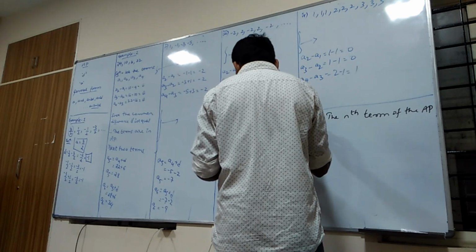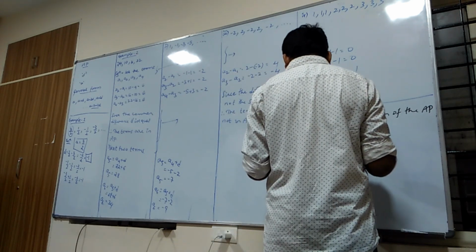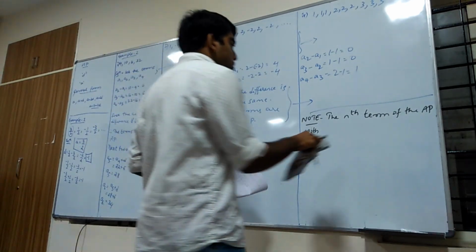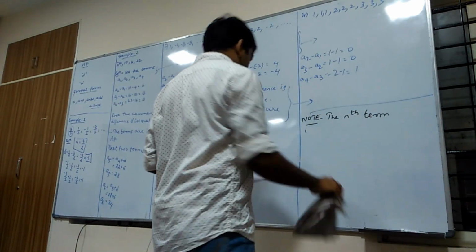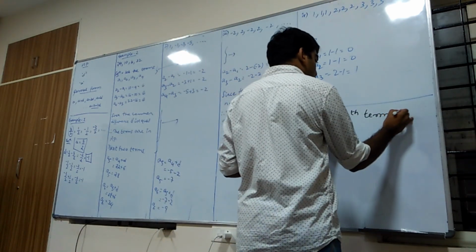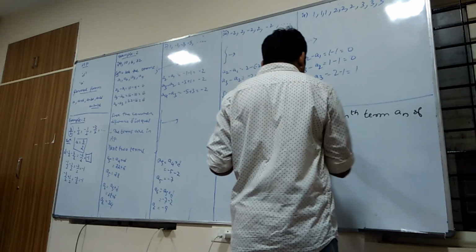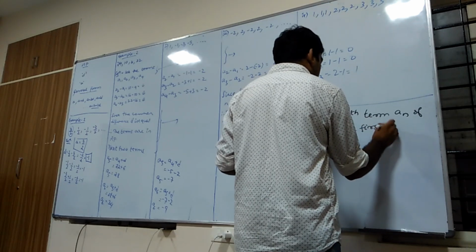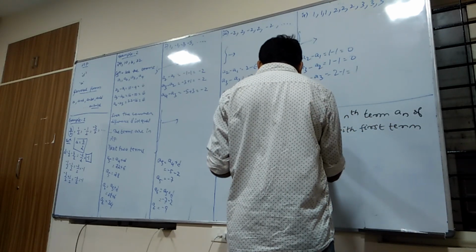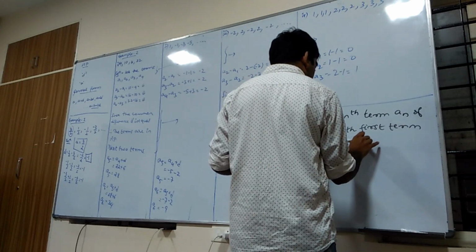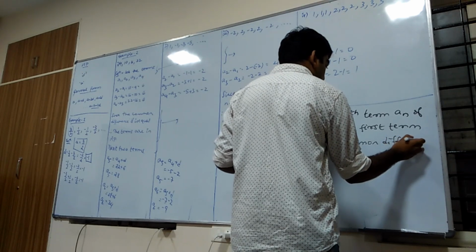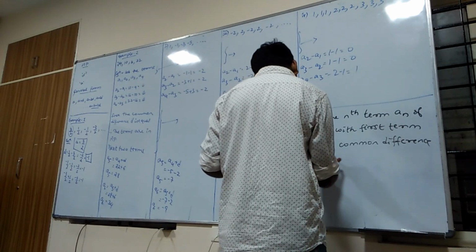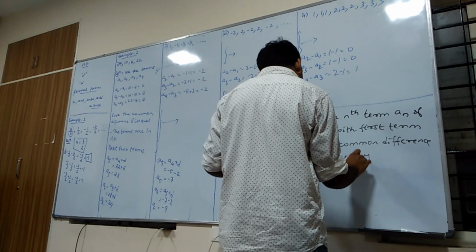AP with the first term A and common difference D is given by, what is it given by?